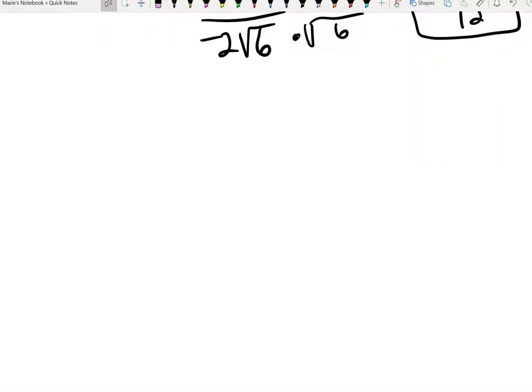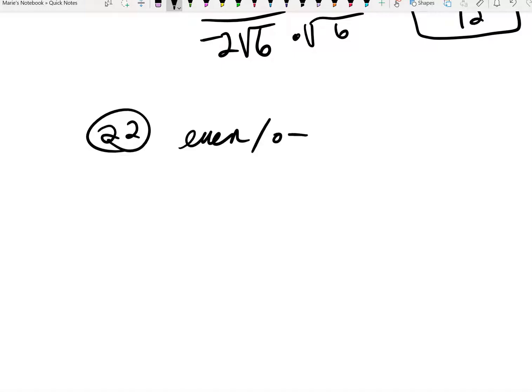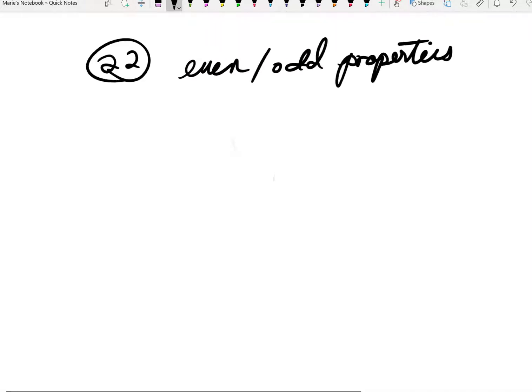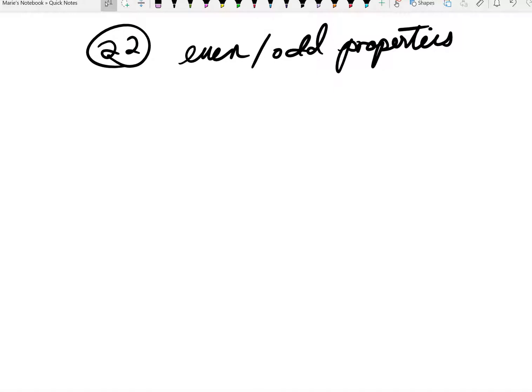Let's look at 22. On this one, we're using the even and odd properties. And you kind of just really need to know the trigonometric circle for this, but let's take a gander at this.